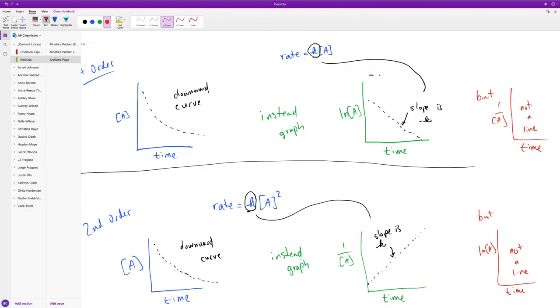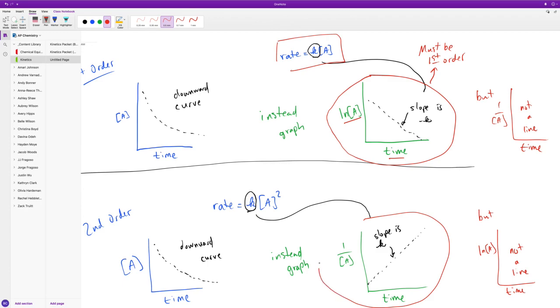If you look at a graph like this and you see that it's a line, the fact that it's got natural logarithm versus time and it's linear tells us it must be first order. It must be first order. And that kind of lets you go backwards to recognize the differential rate law. If you see a graph like this, it will tell you it must be second order, which allows you to, again, kind of go back and establish the differential rate law.